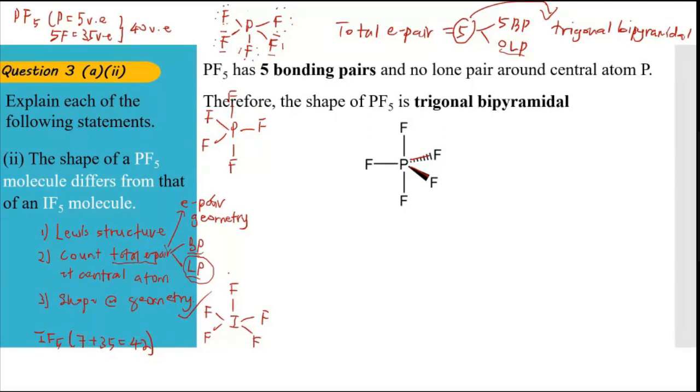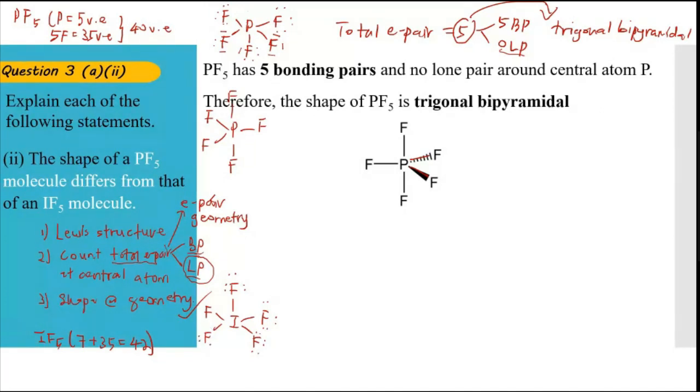And then give octet to the bonding atom. I cannot do fast. If I do fast, it tends to stick one to another, the dot. Because there's already one line, so you just need to put 3 pairs of dot and total 8.